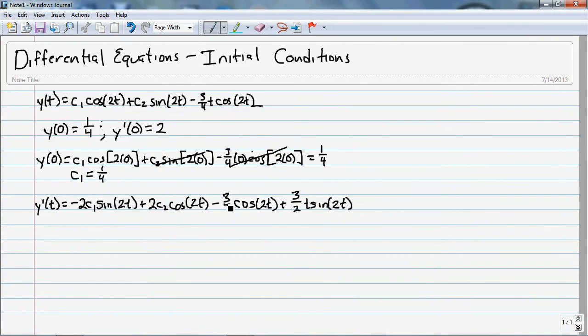Like I said, I'm going to leave you to do this on your own. Just take the derivative of the solution.